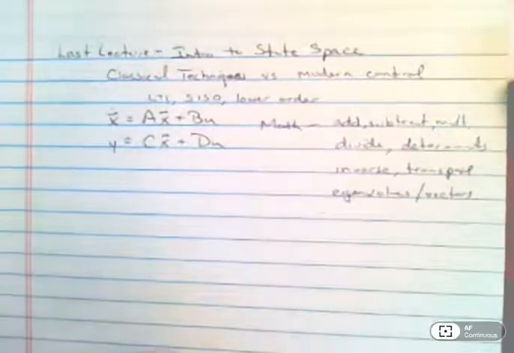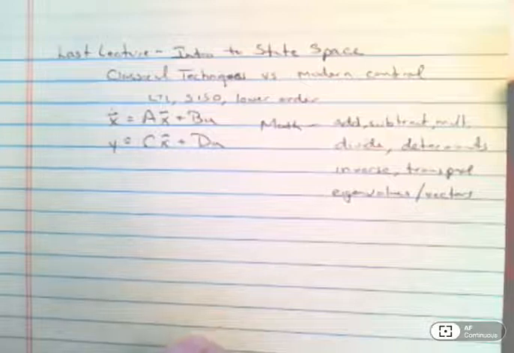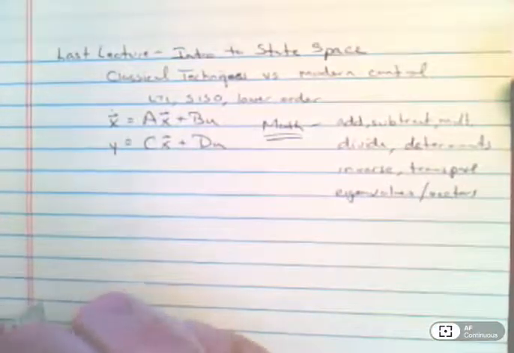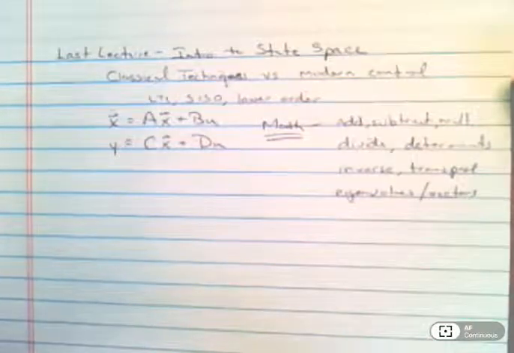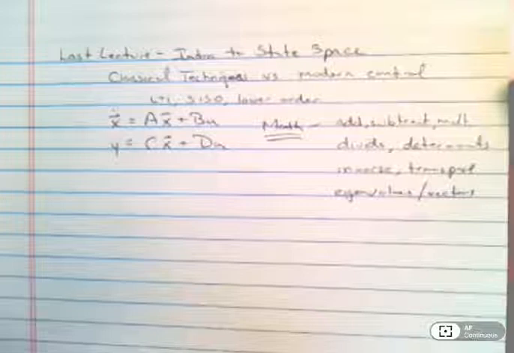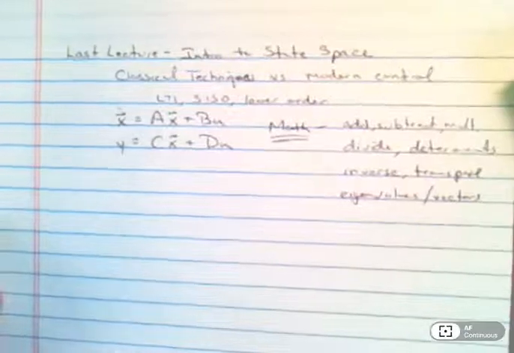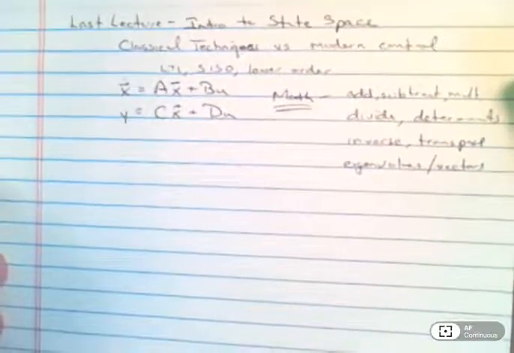So we did an example or two of that last time, and we'll keep doing examples, but if you're rusty on these things, you need to go and brush up on them. The fundamental math for manipulating matrices and vectors is critical when it comes to using modern control techniques to design controllers.